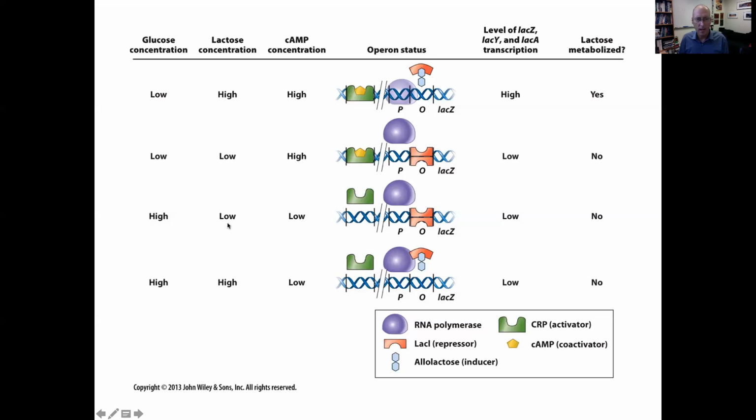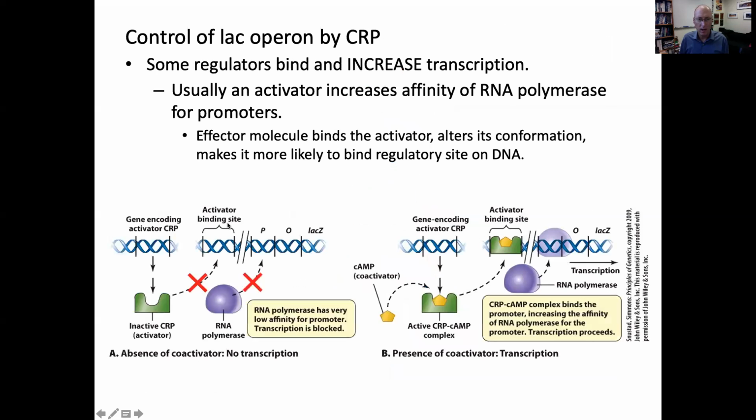Now that reminds me that what I should have told you here is that cyclic AMP is produced by the cell by an enzyme called adenylate cyclase only when glucose concentrations are very low in the environment. Okay, adenylate cyclase is on there, and so cyclic AMP is produced, right?